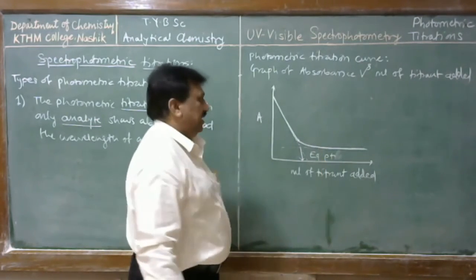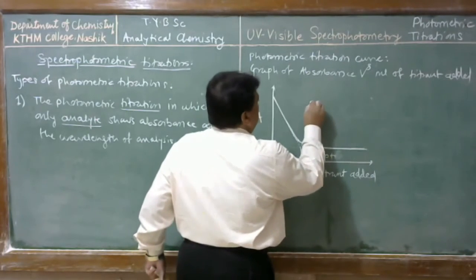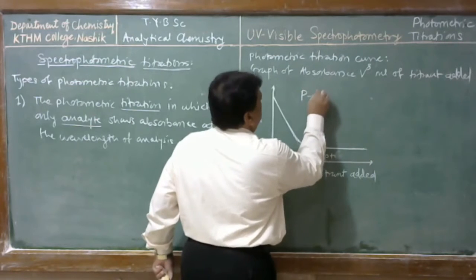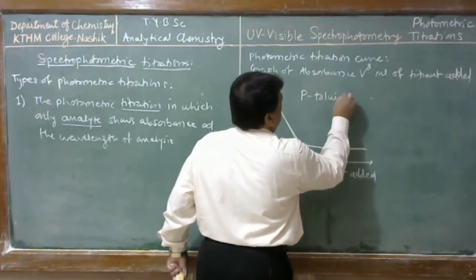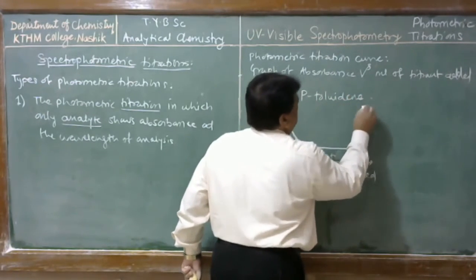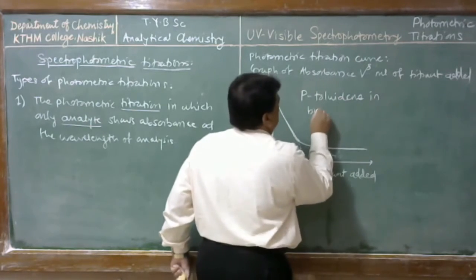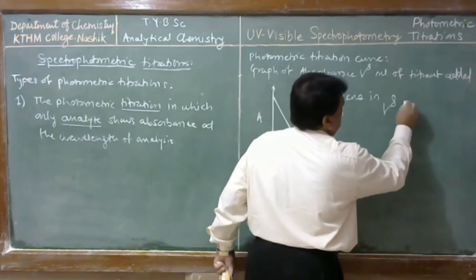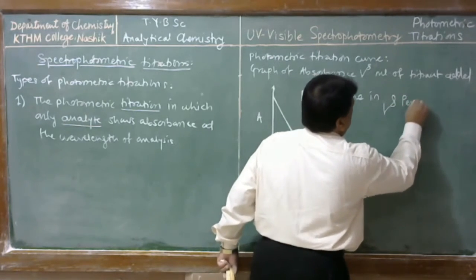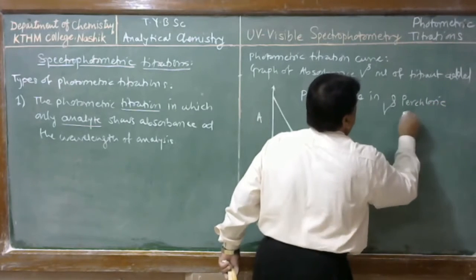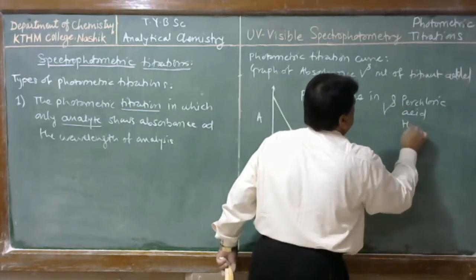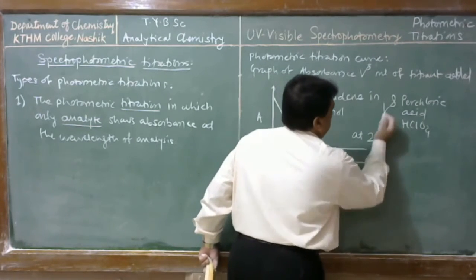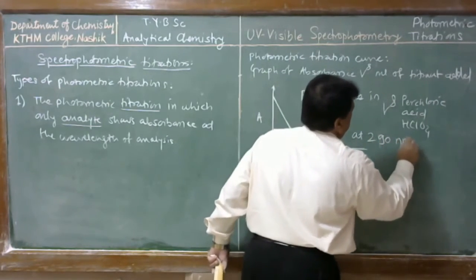at the wavelength of analysis. Therefore, this is a graph in which we can titrate para-toluidine in butanol versus perchloric acid, that is HClO4, at 280 or 290 nanometer.